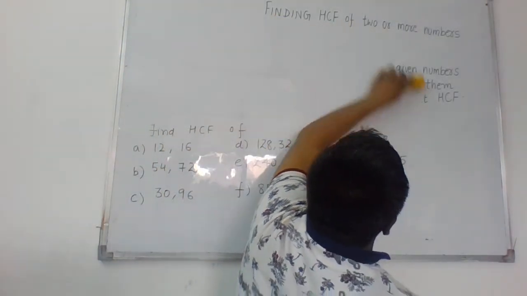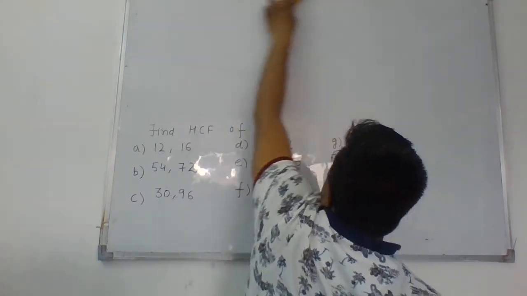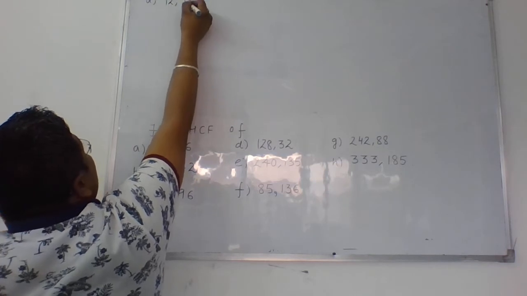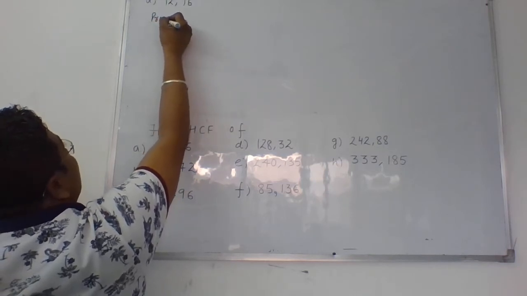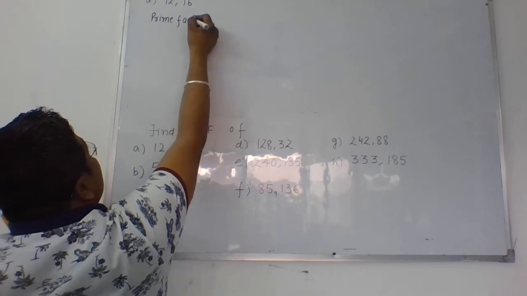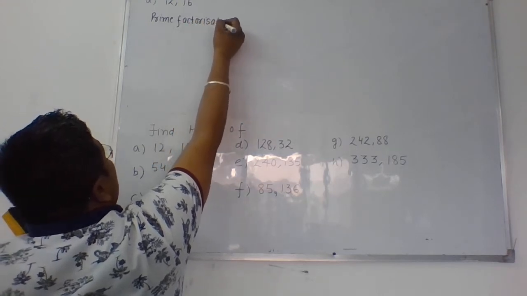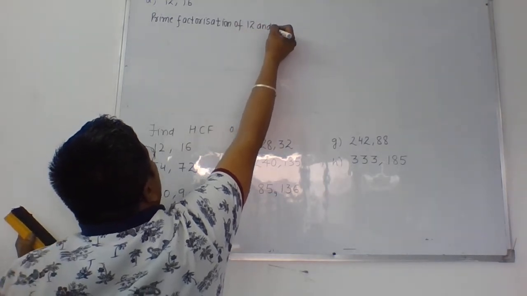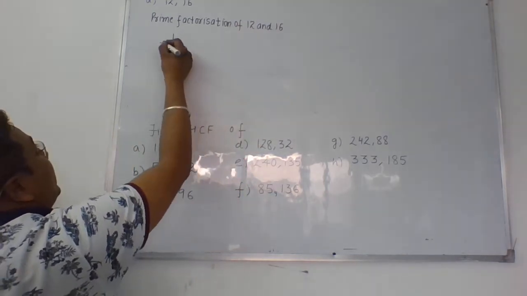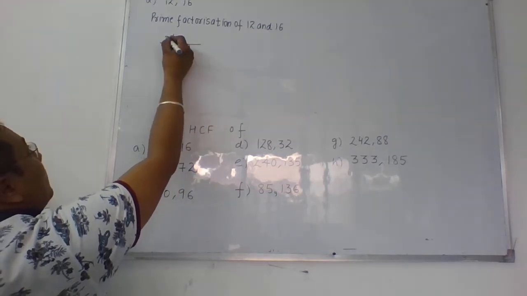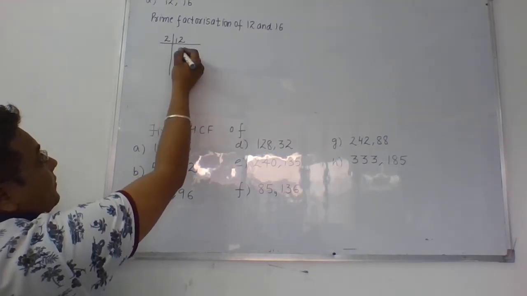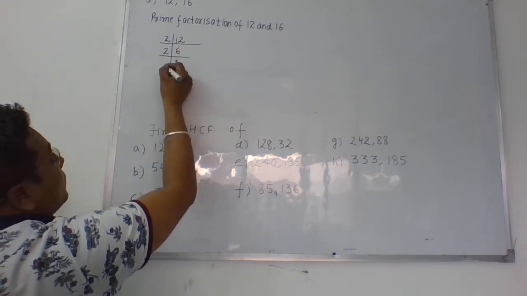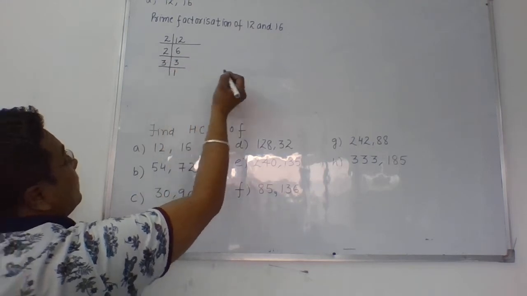So as a first step, prime factorization of 12 and 16. So we have to divide 12 by prime factors. 12 is first divided by 2, and then again by 2, and then by 3.